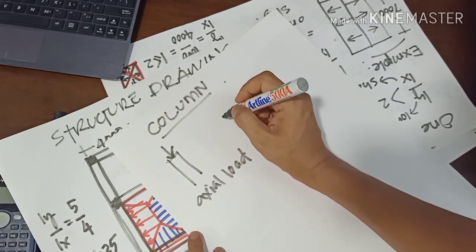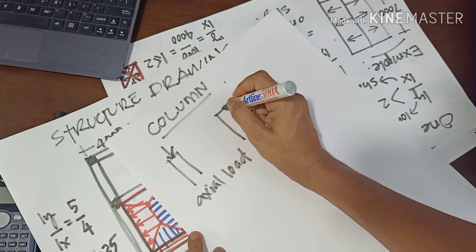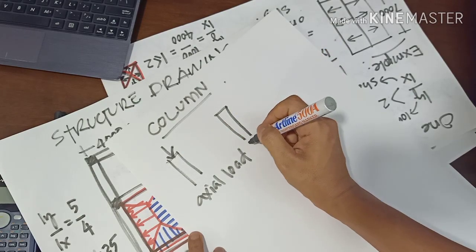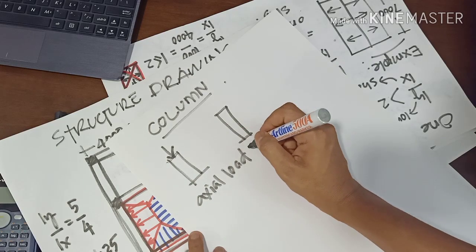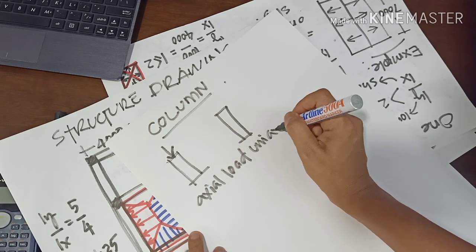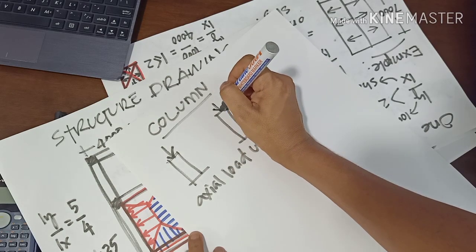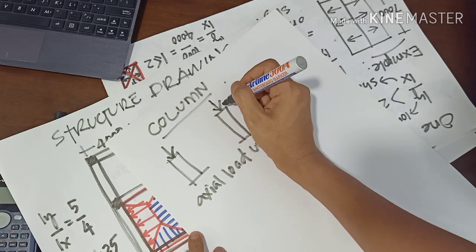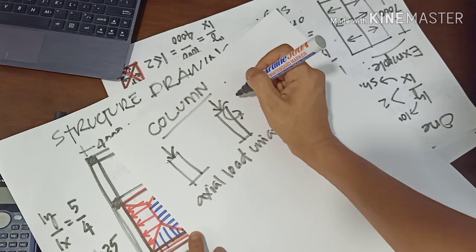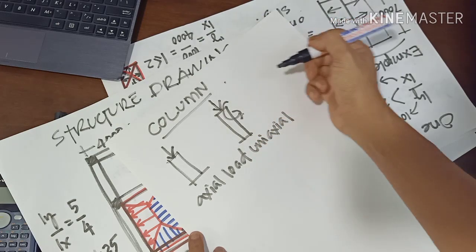The second one is a column with uniaxial loading, where you have a point load and also a moment in the Y direction, in one direction only.